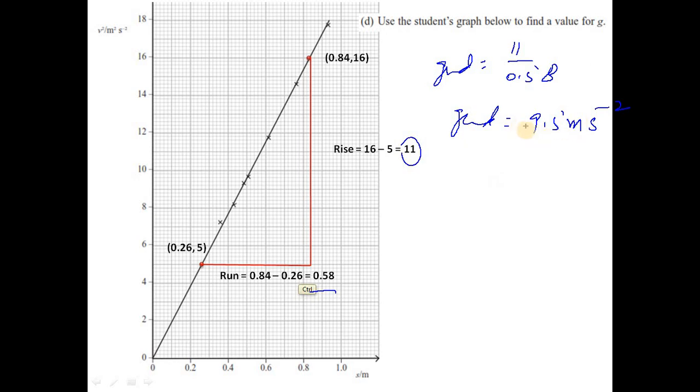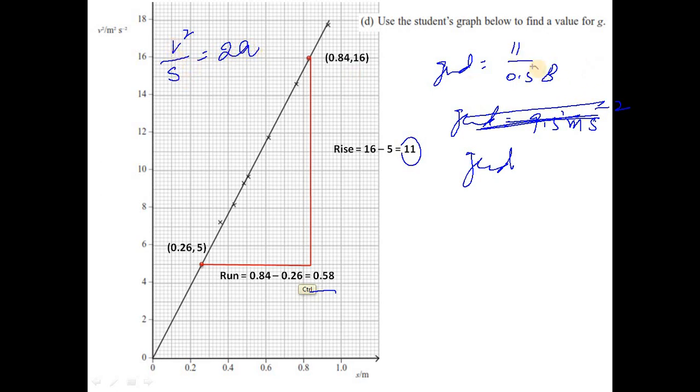I'm sorry, this gradient will not be 9.5. When you divide these, this gradient is double the acceleration. If you see the equation, v squared over s is equal to 2a, so the gradient is double the acceleration.